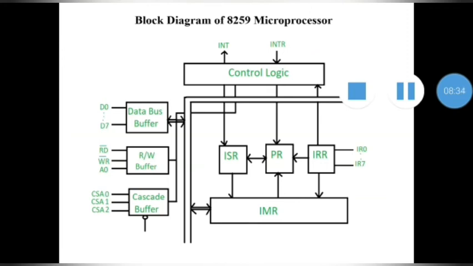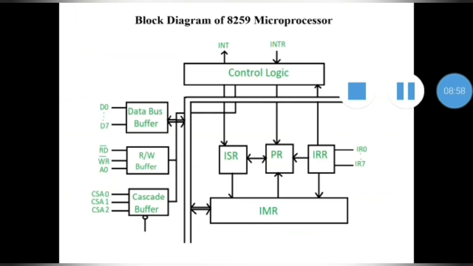This function is performed by the read write buffer. The read write buffer has 3 signals, that is the read signal, the write signal and A0, the address input pin. The read signal is for reading the data, the write signal is for storing the data, and A0 is the address input pin.